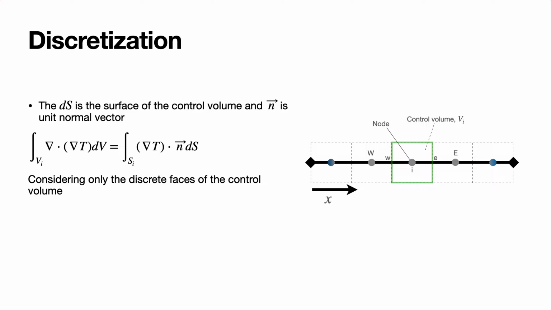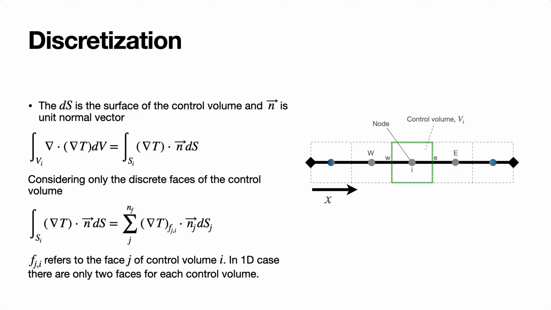We can further simplify this surface integral by considering that for a one-dimensional problem, the surface basically consists of two faces, in this case the east and west face. So we need to compute this integral at only two faces.